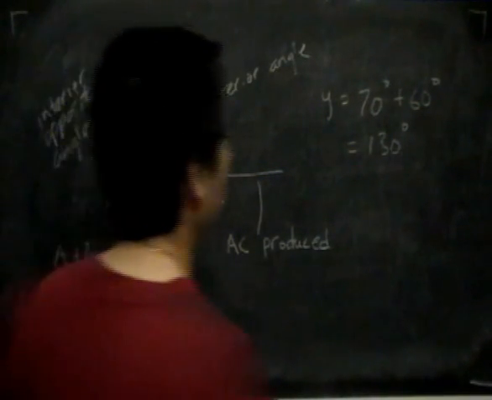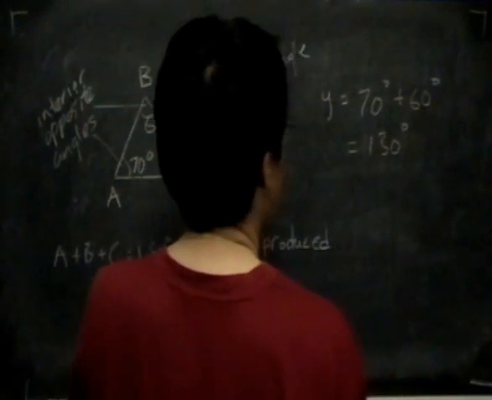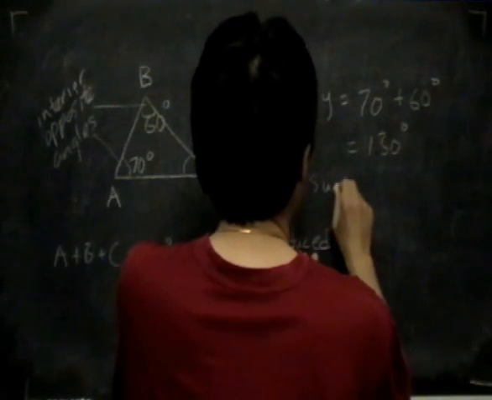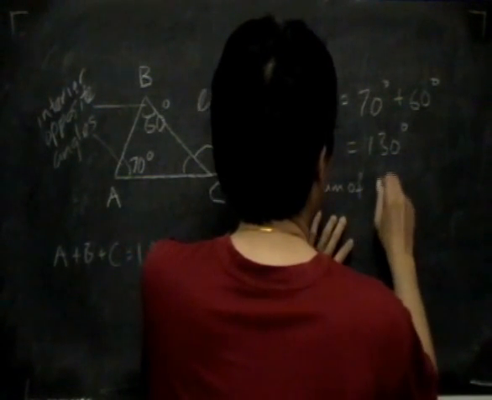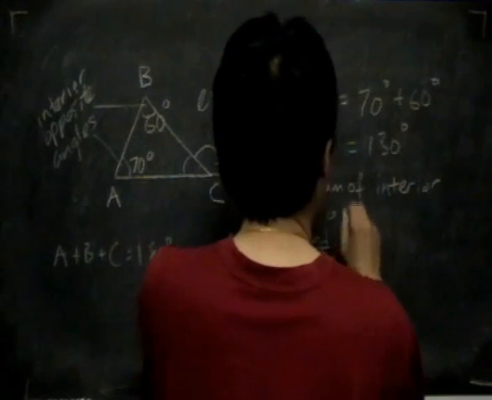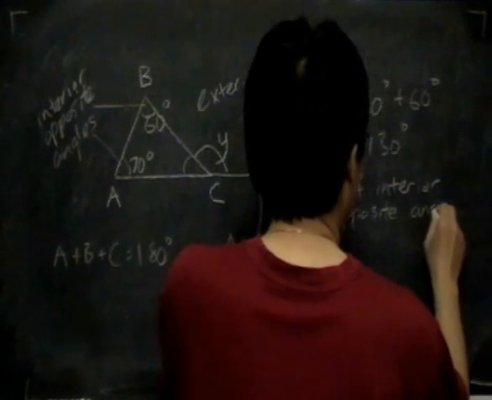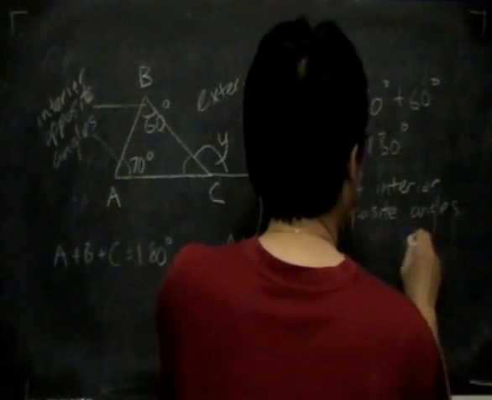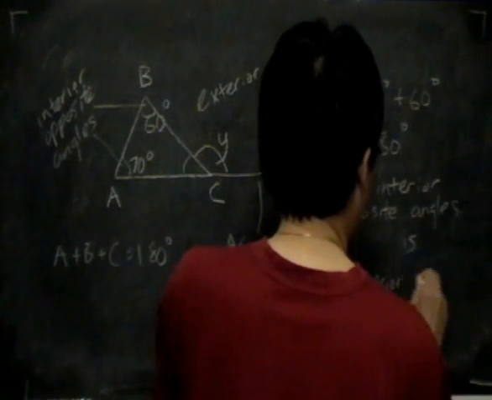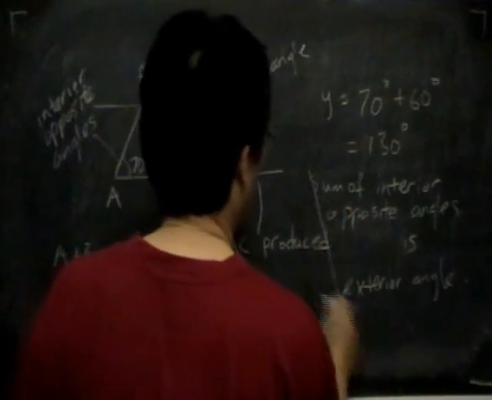Let me write that down just to be quite clear. So if I were to give the reason for this, I would say: sum of interior opposite angles is exterior angle. Alright?